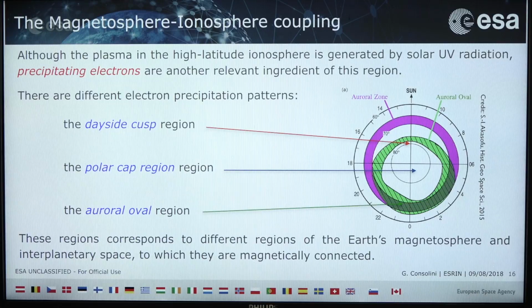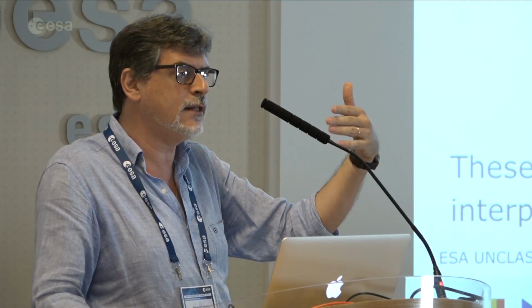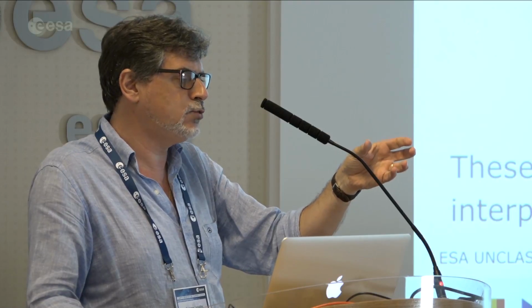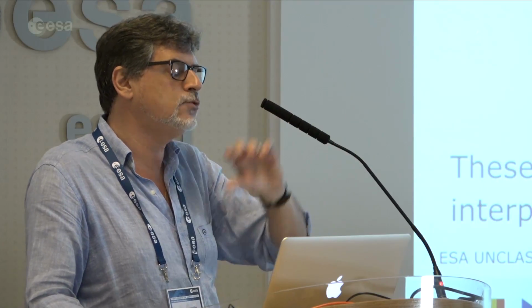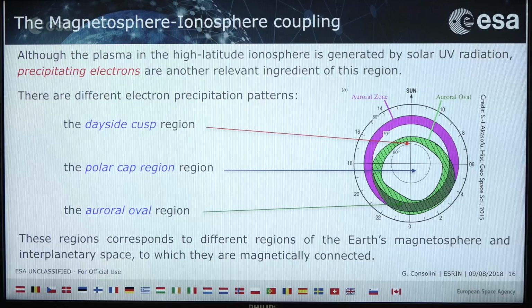If we look at the high latitude ionosphere, it is strongly structured, and we can recognize specific regions. Each of these specific regions is directly connected to a different region of the magnetosphere or the solar wind. In particular, we have the dayside cusp region here, which is directly connected to the solar wind through the magnetopause.